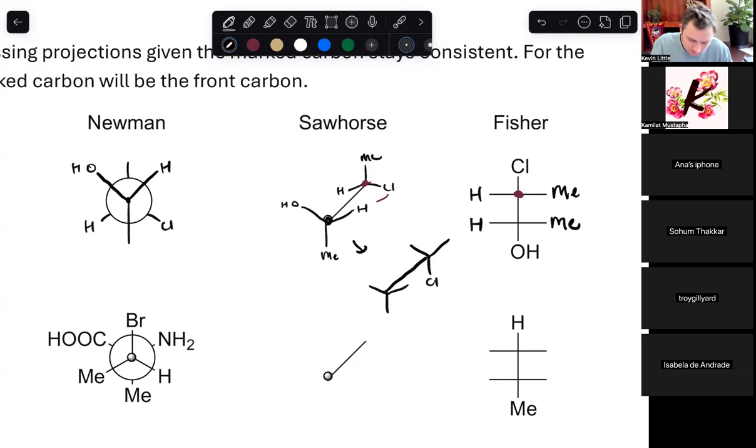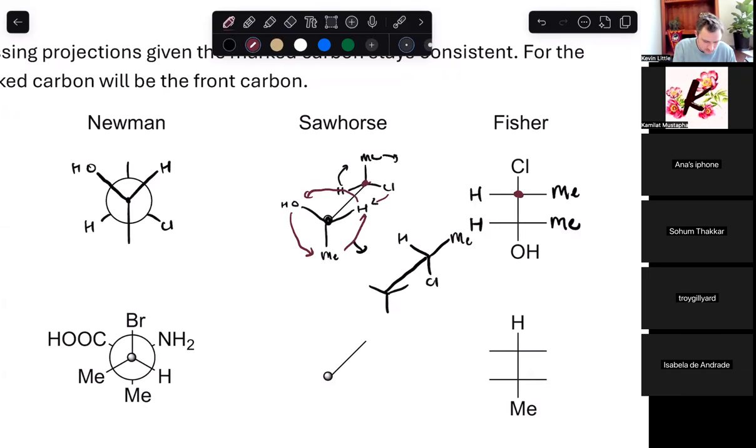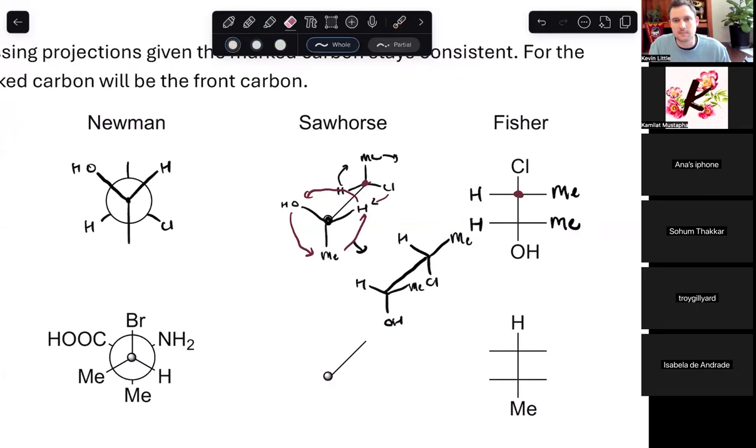And so that would rotate my methyl to the right and the hydrogen to the left, right? If I rotated that direction, the methyl would go here, this would go here. They all turn like a bond spinning, which is what it is. And then I need the OH to be down. So the OH would go to the methyl, the methyl would go to the hydrogen, and the hydrogen would go to OH. So that would give me OH, the methyl would be up here, then hydrogen would be here. And I can trace the methyls on the right, the hydrogens on the left, chlorine and OH down. So that's the other way to do it.